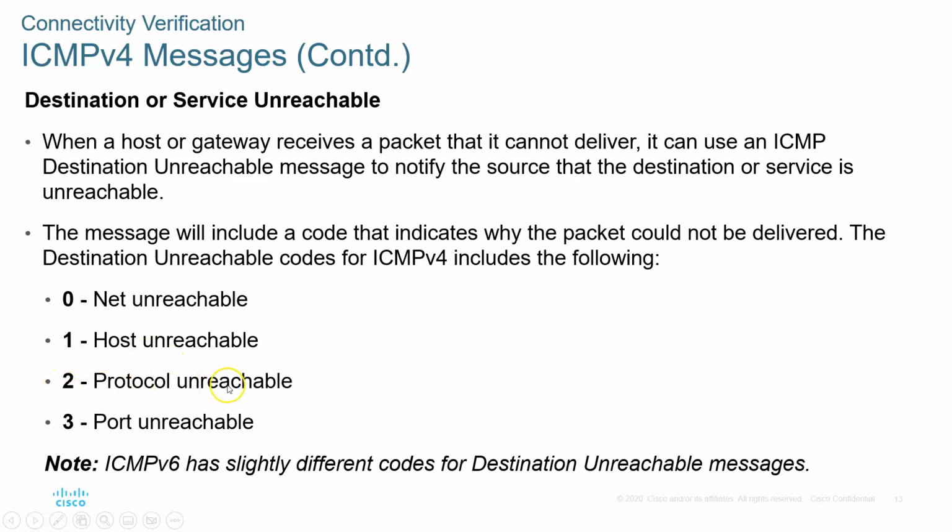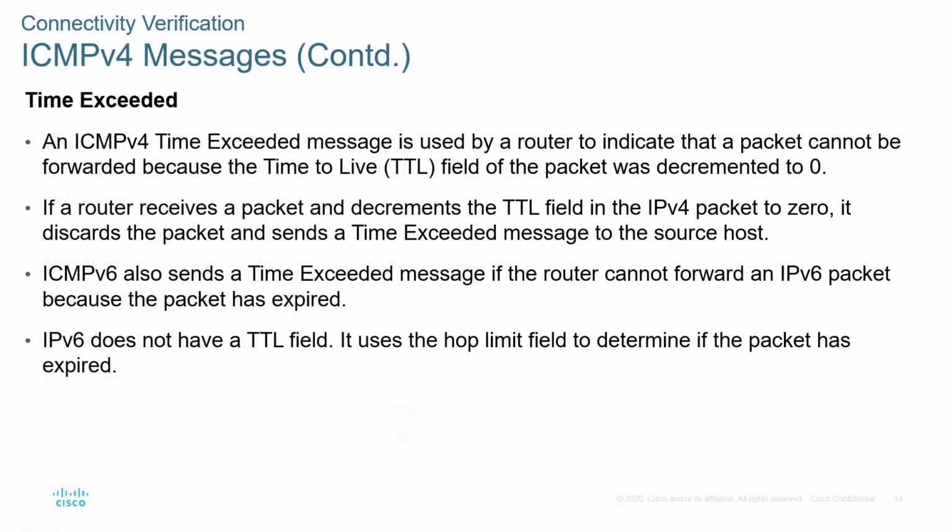A code 2, the protocol, like maybe SMTP or HTTP, is unreachable, or the port is unreachable. All right. Remember, these are for IPv4. For IPv6, it's a little bit different, and you get a few more codes.